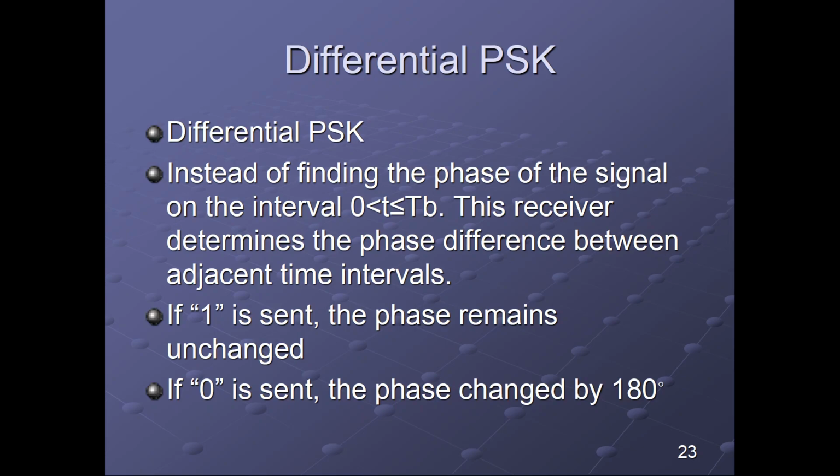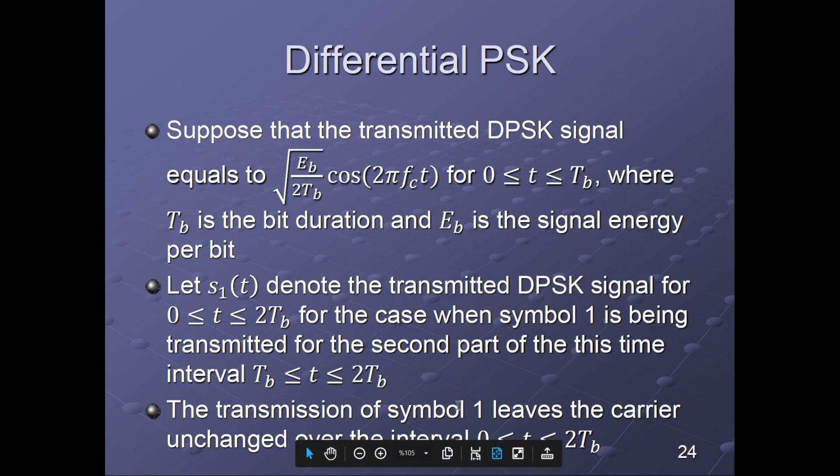Based on this difference, you decide whether one was transmitted or zero. If one bit was transmitted, then the phase of your signal remains unchanged. If zero is sent, the phase changes by 180 degrees.